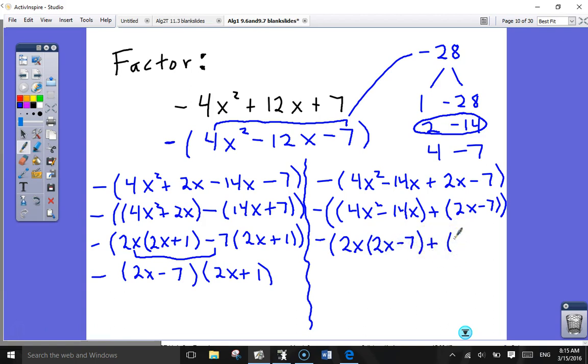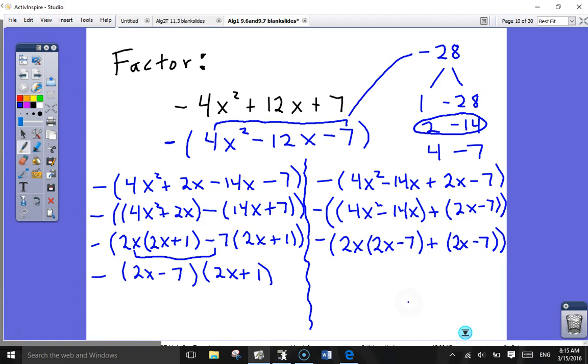And now, what about the next set of parentheses? Are there any common factors in the next set of parentheses? No. It's what you would call prime, so you just leave it. Which is good because 2x minus 7 is already what we got in the first set of parentheses.